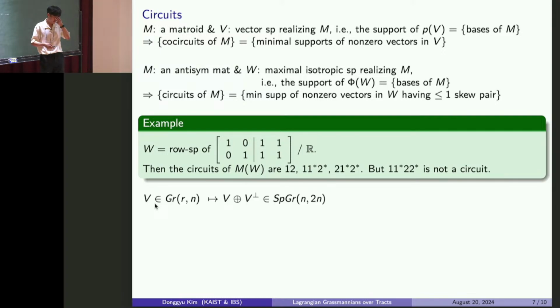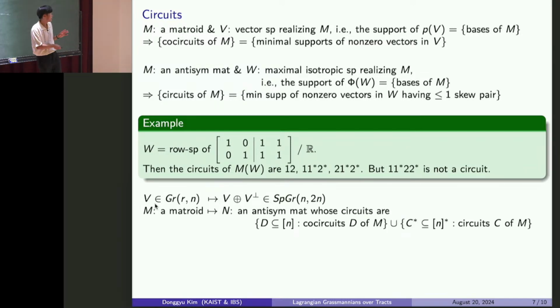And actually, this is quite good because if you consider any linear vector space, then we already know that if we take the direct sum of it with its orthogonal complement, then this is a maximal isotropic space. And a similar thing happens for the antisymmetric matroid.